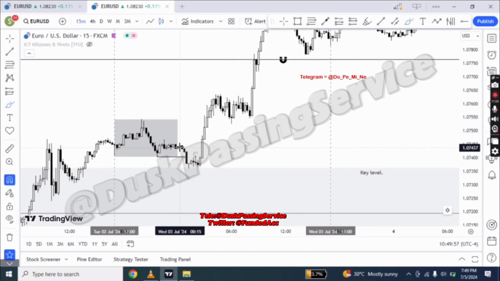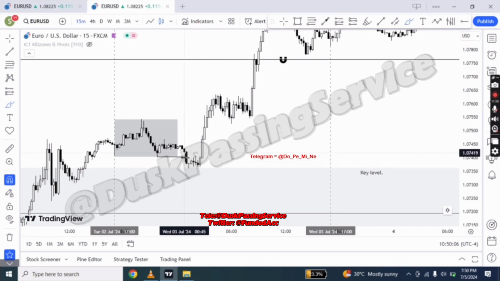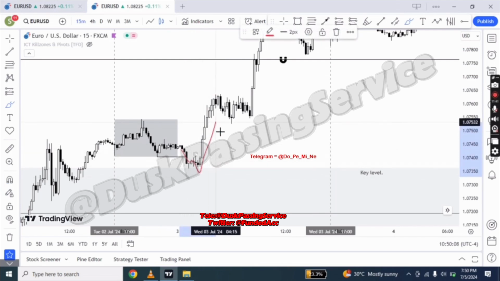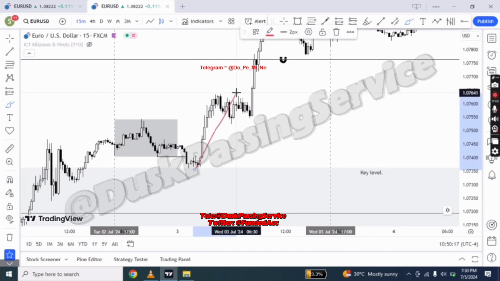So based on that logic, we're going to exclude the idea of expecting an expansion profile right away, because we haven't yet tested any key level whatsoever. So therefore we're going to expect a manipulation profile first, so that price tests a key level, and then after that the only possible outcome for us is going to be an expansion profile in the opposite direction, right?